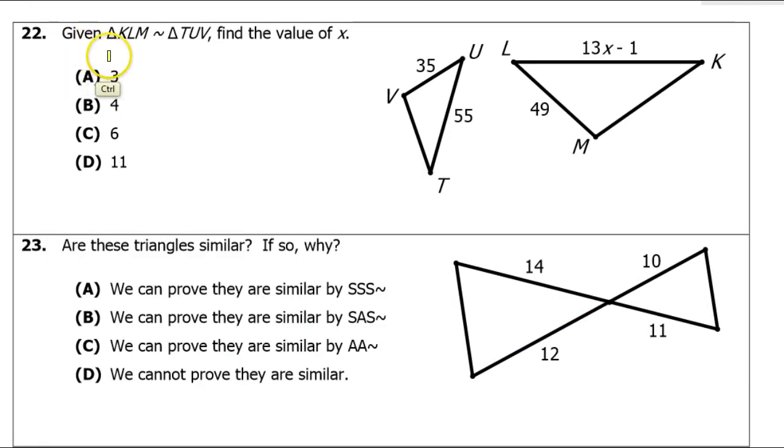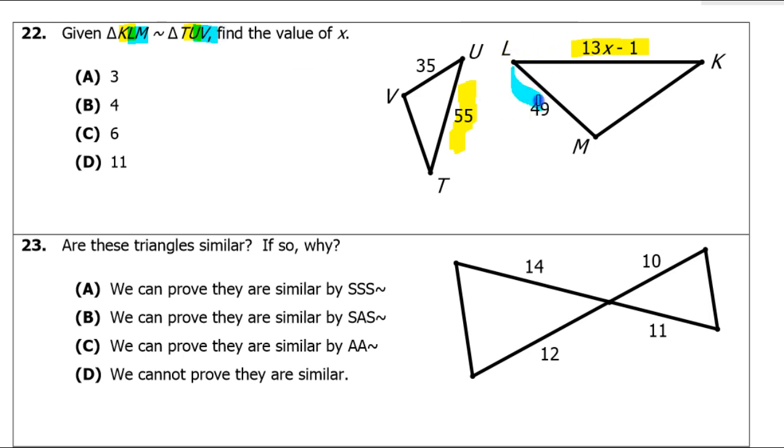All right, taking a look at number 22. The similarity statement tells us which sides are corresponding. So for example, KL corresponds to TU. Here's KL right here, and here's TU right here. So those are corresponding sides. Then LM corresponds to UV.